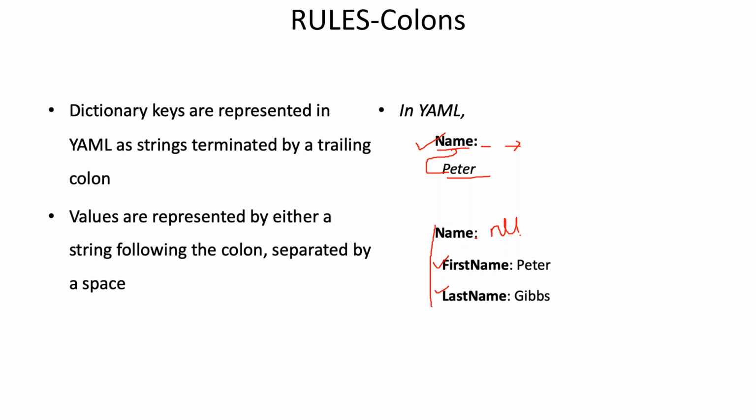Name becomes null, the first name becomes another key value pair, the last name becomes another key value pair. But I want name to support two different entries, which is first name and last name. Then I have to follow the indentation rule with the help of colons. After the colon, I have to give space, the first name, after the last name.